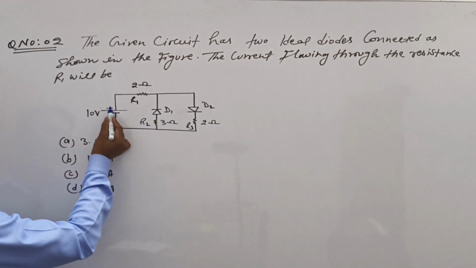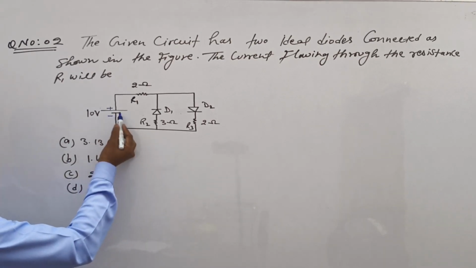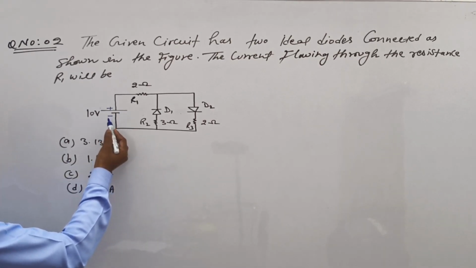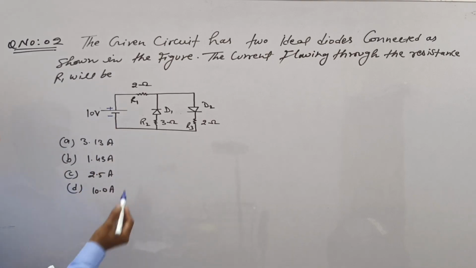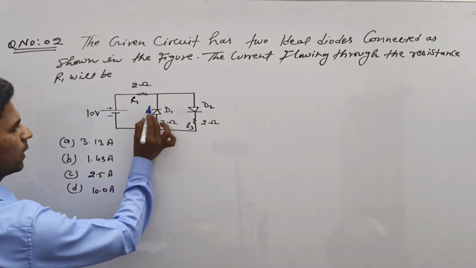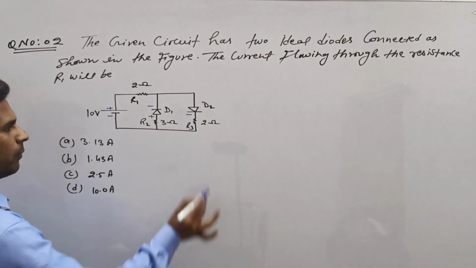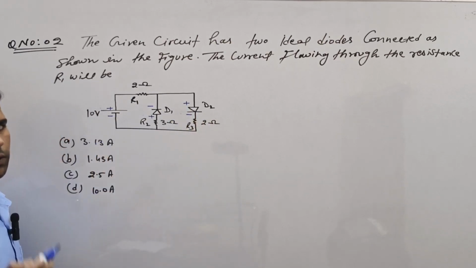This one has a positive terminal, this one has a negative terminal. The longest line is called the positive terminal, and this one is called the negative terminal. Similarly, for this diode, this one shows the positive terminal, this one the negative terminal. Here also, this one shows the negative terminal, this one the positive terminal.